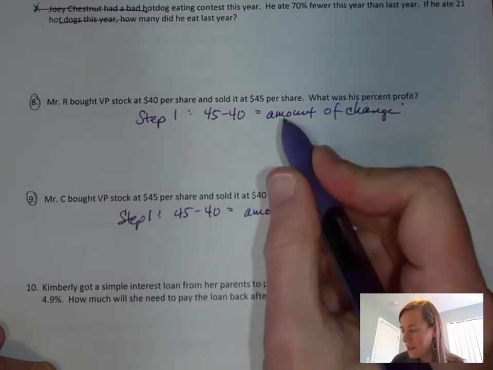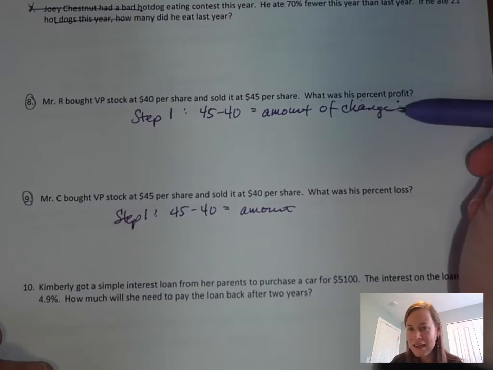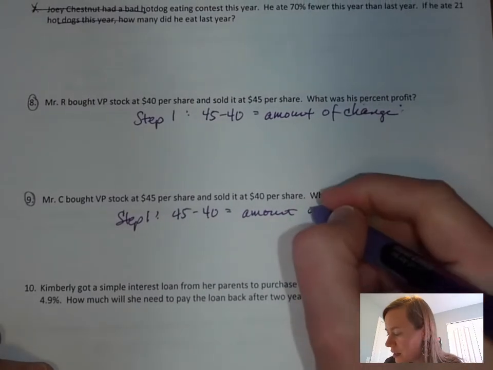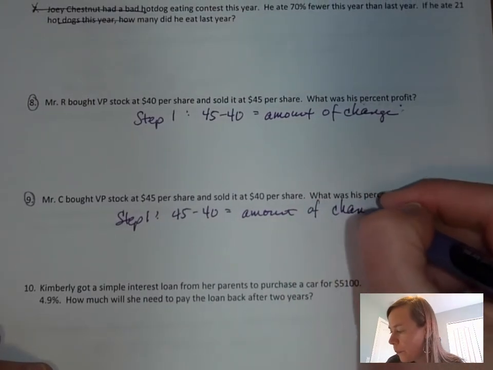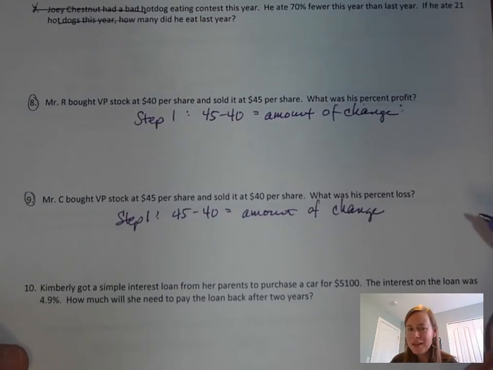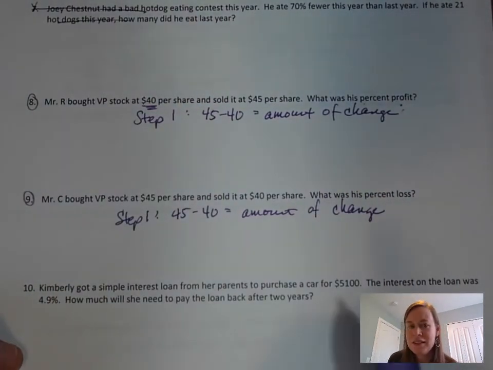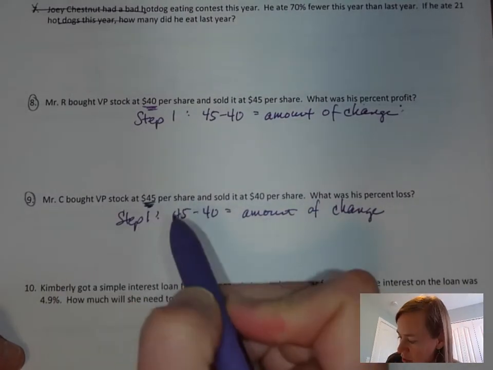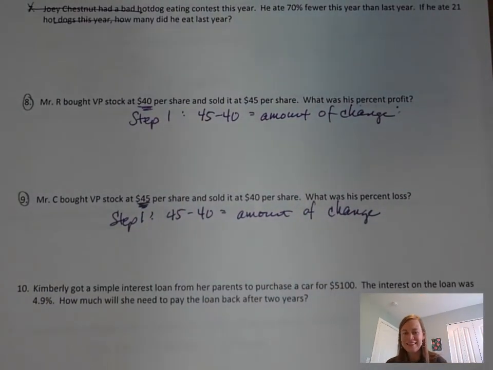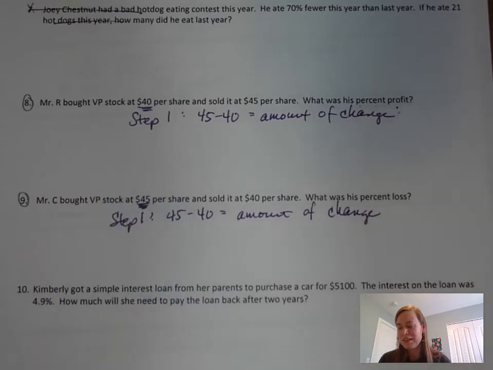Now, it's going to be $5 in both cases, but here it was a gain, and here it was a loss, and it's going to be kind of different in the answer, and the answer might surprise you. Make sure that in number 8, you use this as his original amount, and in number 9, you use this as his original amount, okay? Like I said, it might be surprising. Once you find the answer to number 8, don't assume that you know the answer to number 9. Make sure you go ahead and do the math on it.